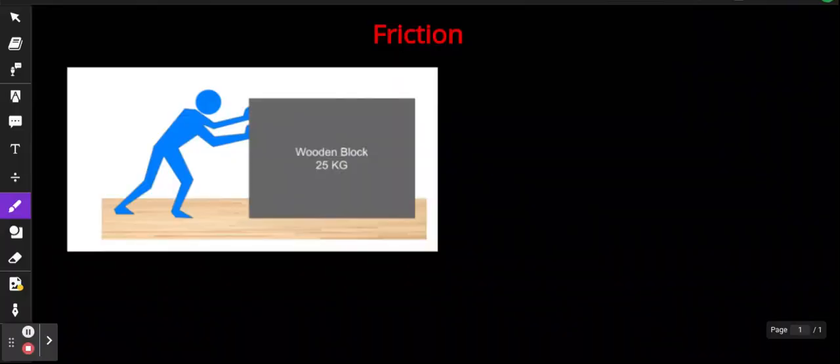The second type of friction is called static friction. And static friction is the frictional force that is occurring between two surfaces that are not moving. So static friction keeps objects on inclines, or it keeps them from sliding.